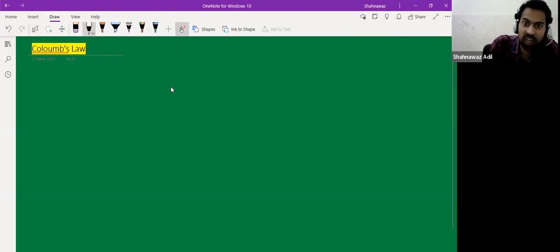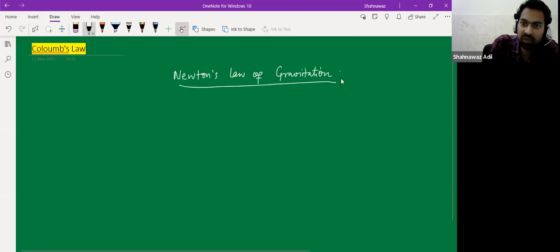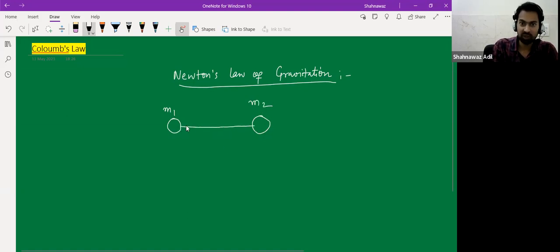the Newton's law of gravitation, right? So what did you learn about Newton's law of gravitation? That whenever you have some mass, let's say m1, and whenever you have the second mass m2, they will try to attract each other, right? So this will attract this way, this will attract this way, with the same magnitude.